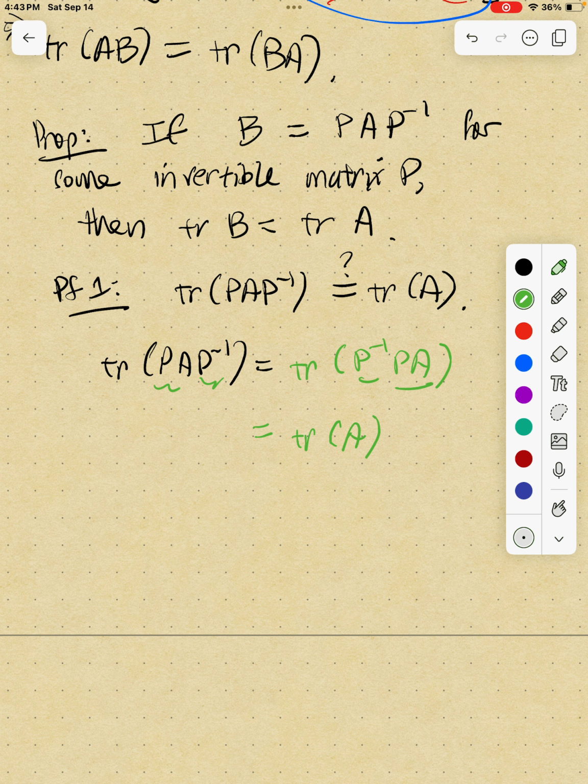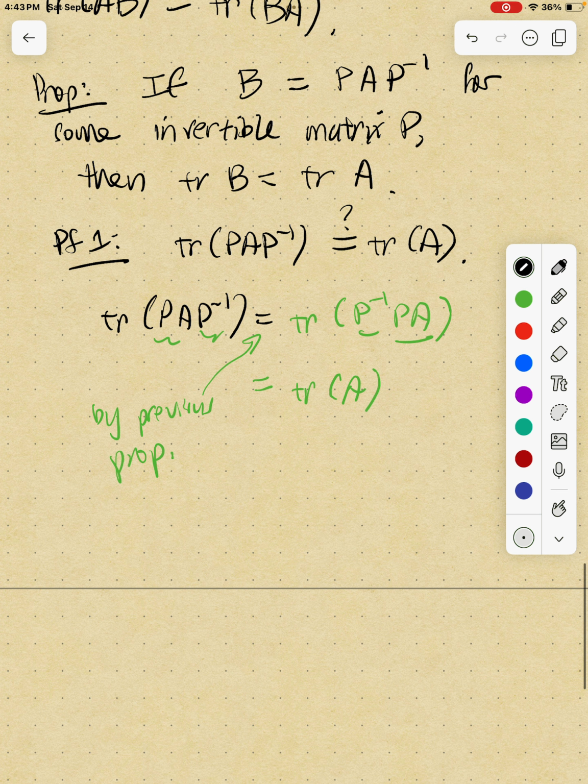So here we're using the previous proposition. So that's the first argument. And then the second argument is using the fact that the trace is the sum of the eigenvalues. And we can use the fact that B and A have the same eigenvalues.